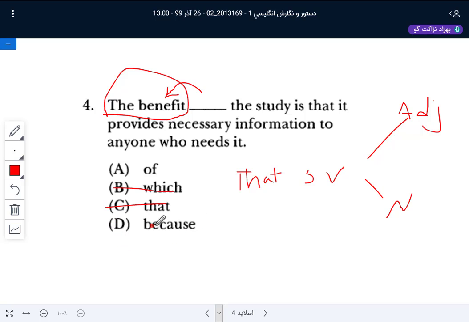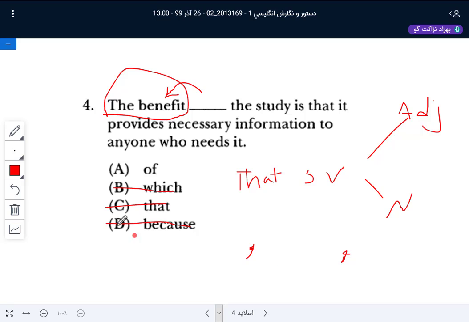And because is a subordinate clause connector. If it comes in the middle of the sentence, between the subject and verb, it should be surrounded by two commas, but we don't have any commas.